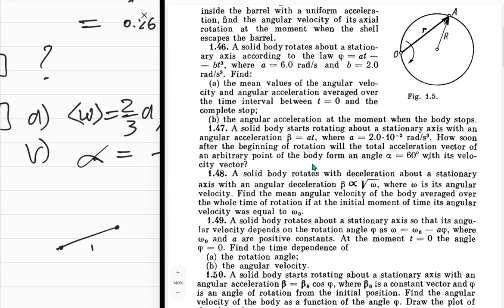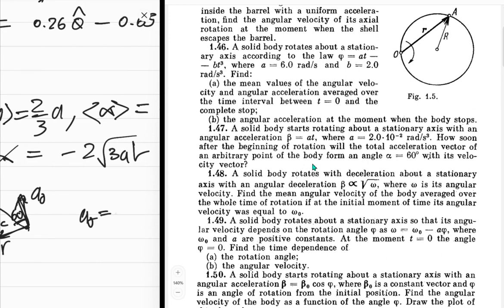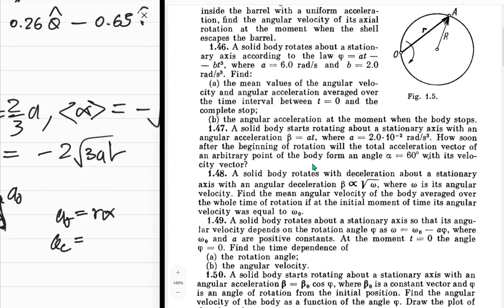So for some point at radius r, this is the tangential acceleration for that particular point, and this is the centripetal acceleration. What you want is that this angle with the velocity is 60 degrees. The tangential acceleration is just r alpha, and the centripetal acceleration is omega squared r.